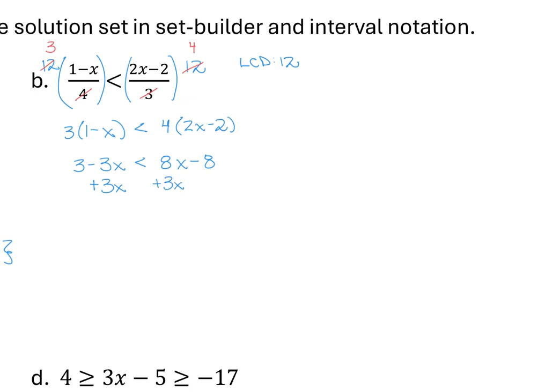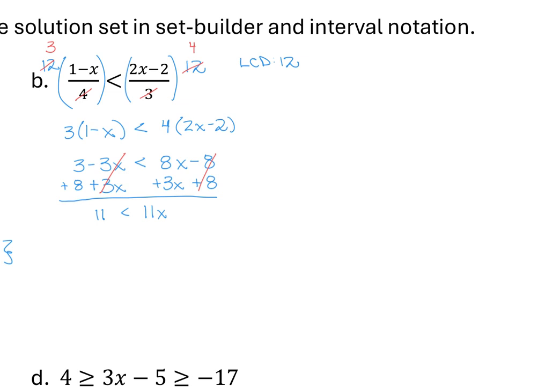And since I'm moving my variables to the right, I want to move my constants to the left. And so what we end up with is 3 plus 8 is 11. My 3x's cancel. I am not multiplying or dividing by a negative, so I'm going to leave my inequality sign the same. We get 8x plus 3x is 11x, and my 8's cancel.